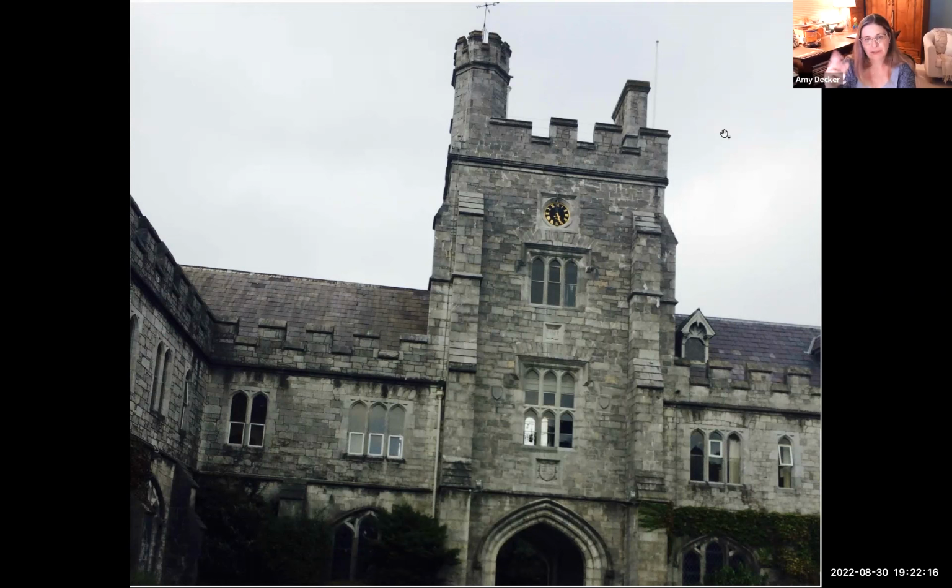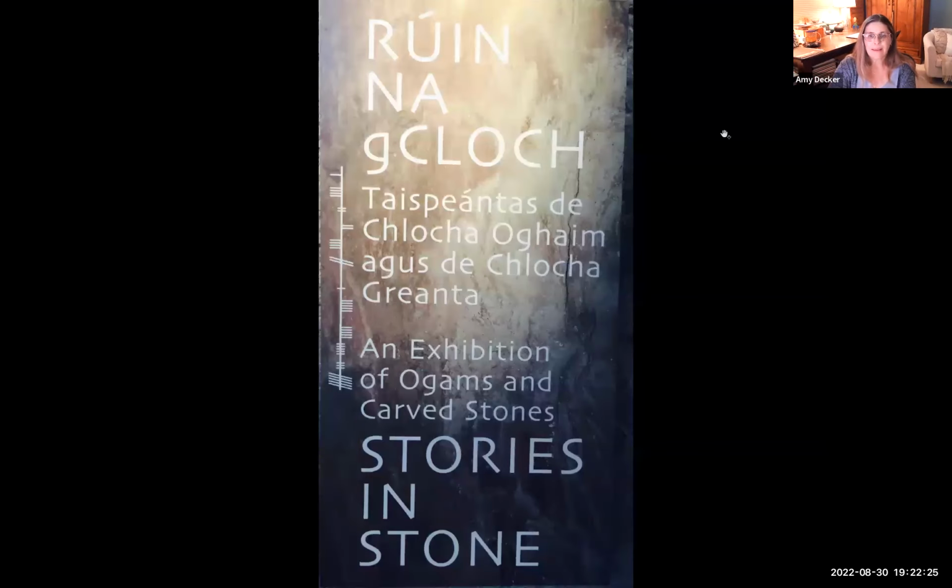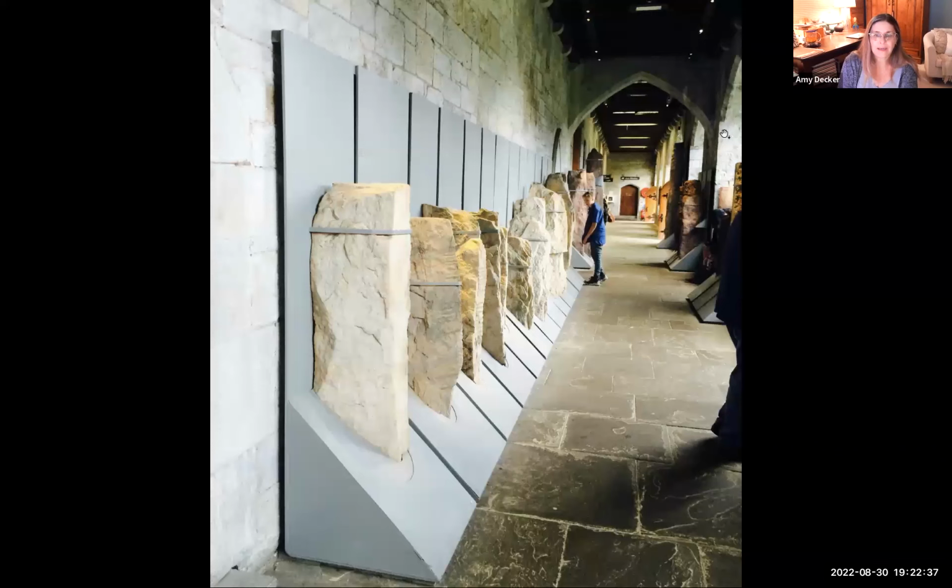I was on a trip to Ireland. This is a picture of Cork University in Cork, Ireland. And they have on display what they call Ogham stones. Ogham are carved stones telling stories with this very primitive way of communicating. This is an open air hallway that opens to that courtyard, and these are the stones on display.